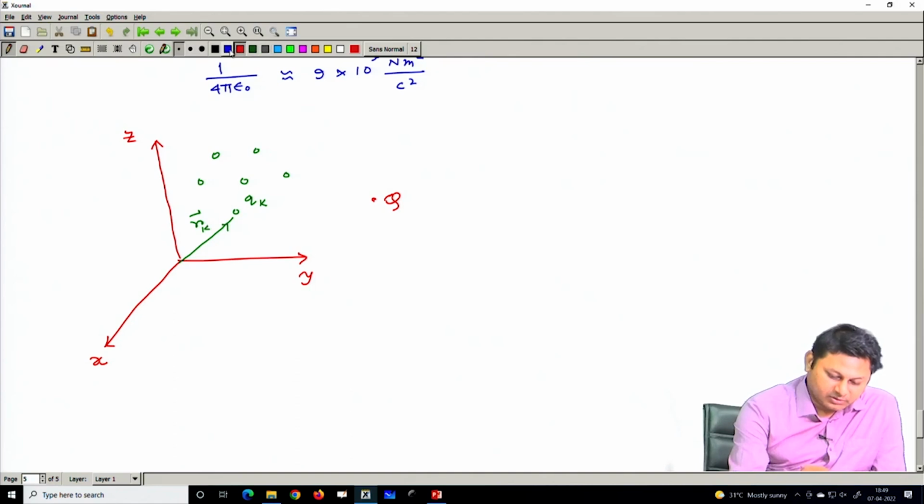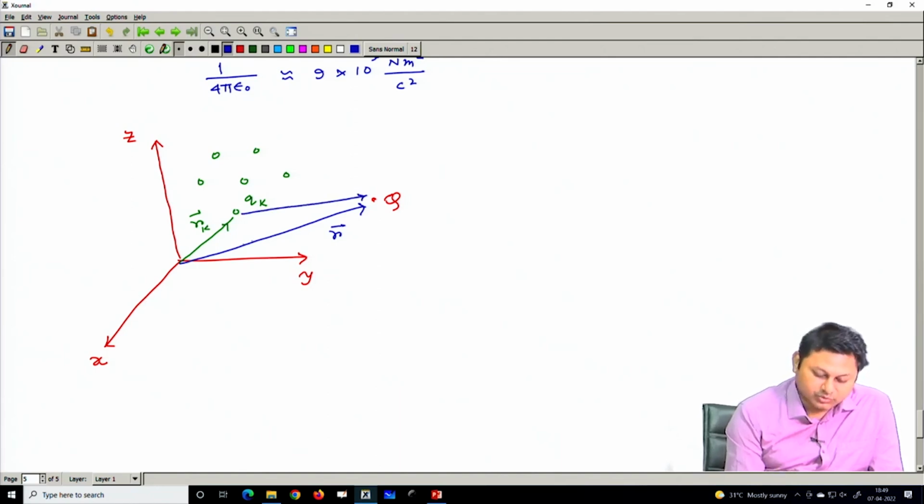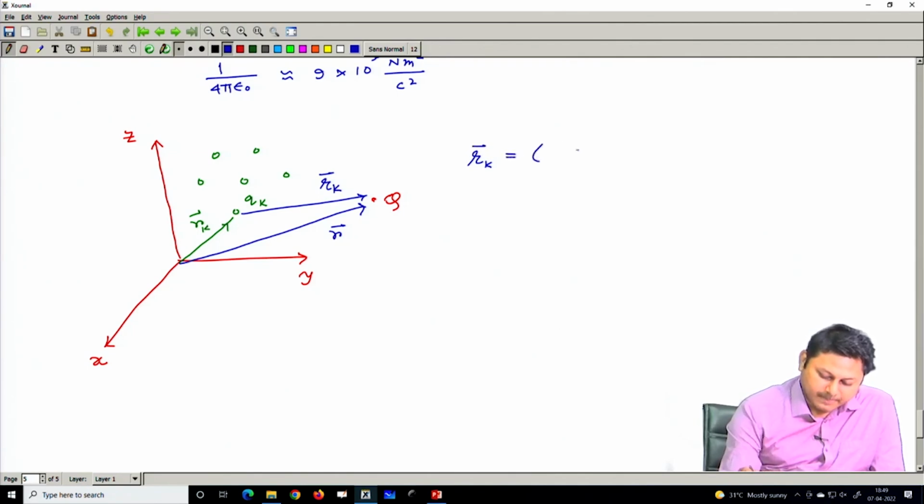So the location of the test charge from this coordinate system is say vector r, and from the source charge to the test charge the separation I can write as r k with a curly notation. So curly r k is nothing but vector r minus vector r k.